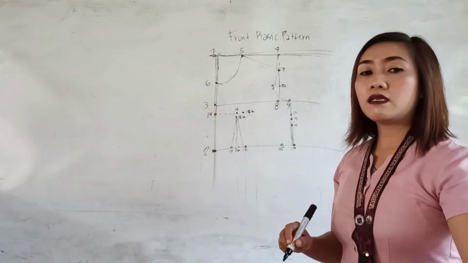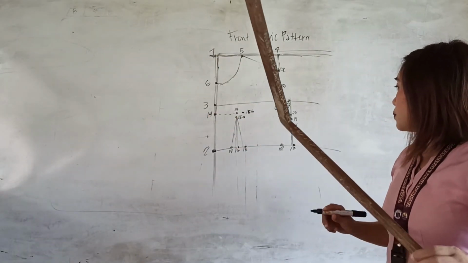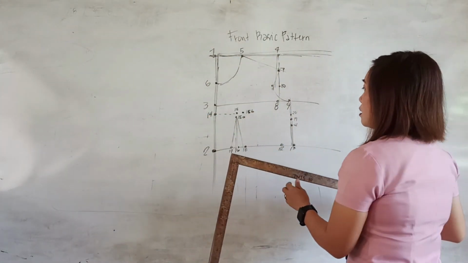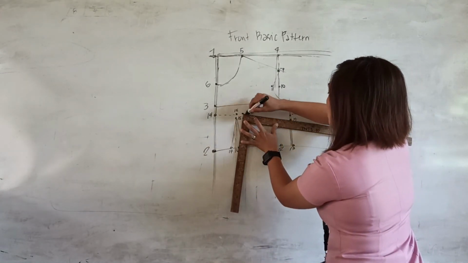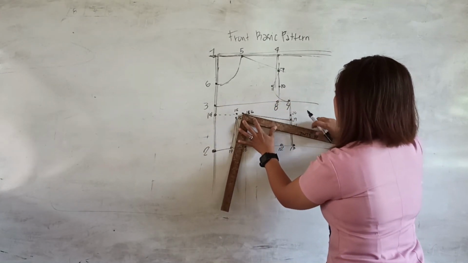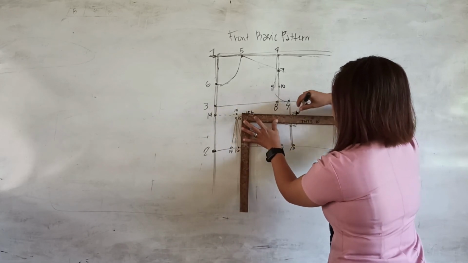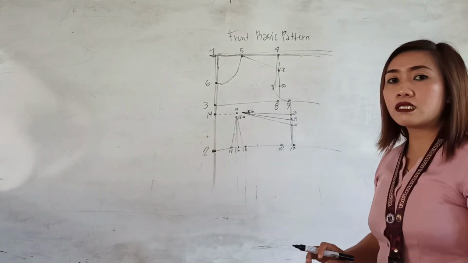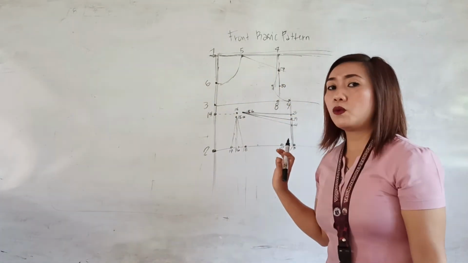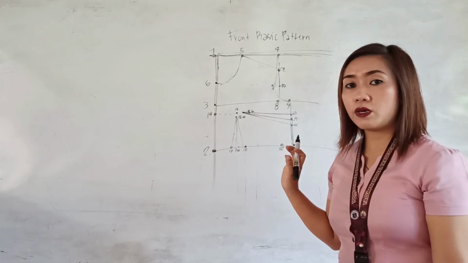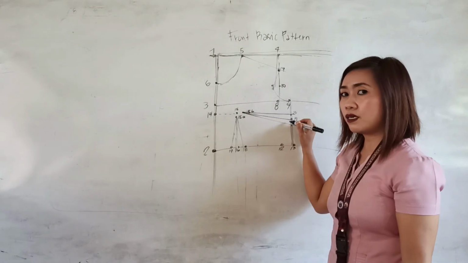And let us now connect points 15B to points 19, 20, and 21. Now, this is just the pattern for our basic front figure. Now, take note that we have side darts over here.